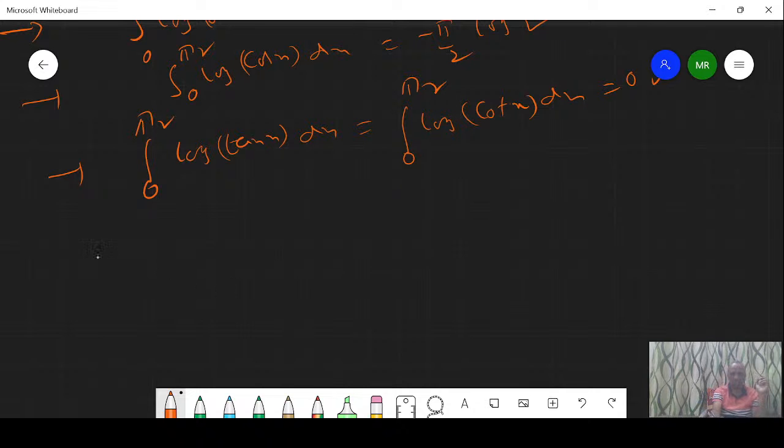Now see another formula, the combination of sin and cos.